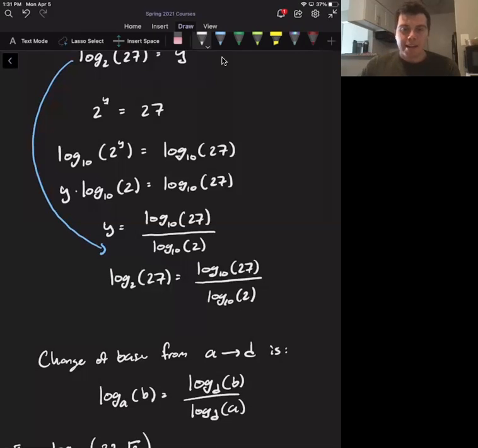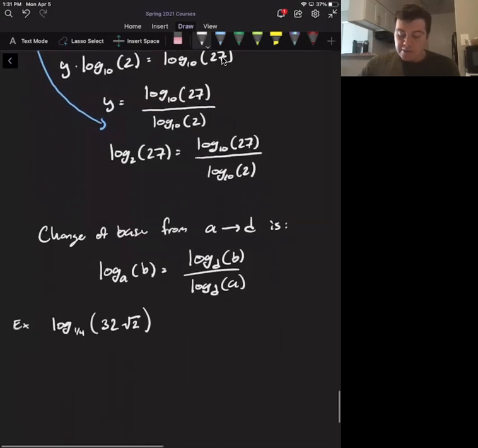And we'll see an example right now of how that can be used to evaluate some equations.